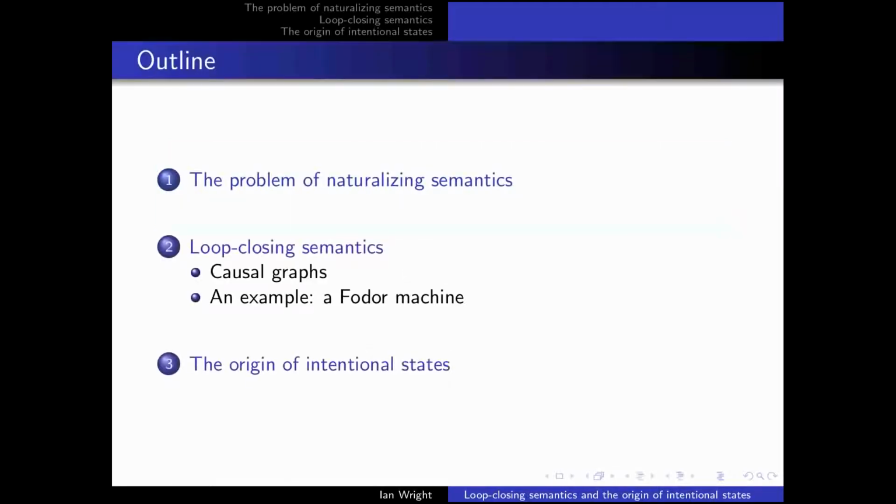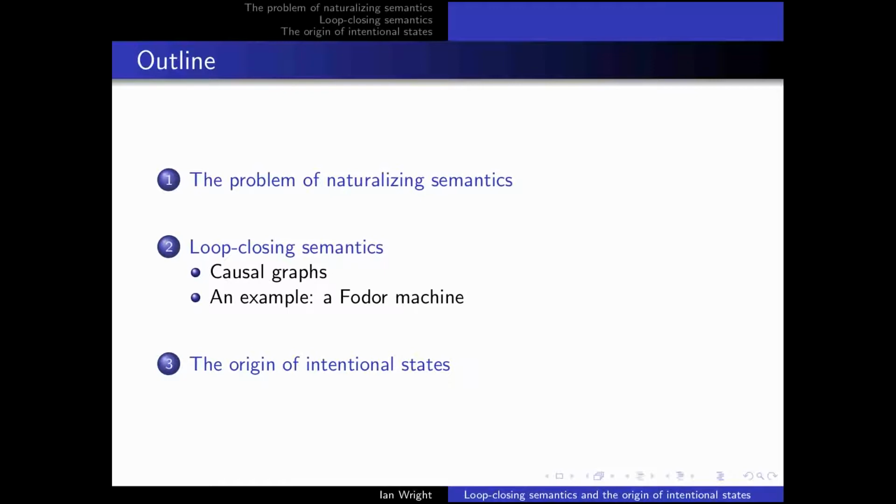First, I need to communicate why there really is a deep problem of naturalizing semantics. Then I'll discuss Aaron's proposal and extend it in various ways. Then I'll apply the theory and show how it successfully naturalizes some semantic properties and therefore can explain the origin of some intensional states. Okay, let's begin.